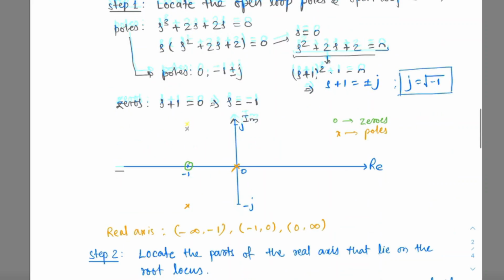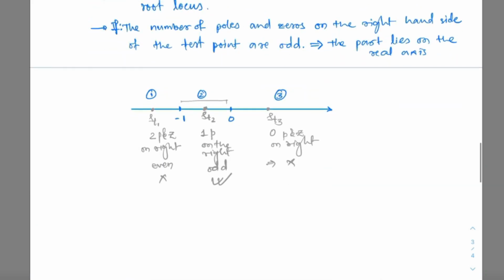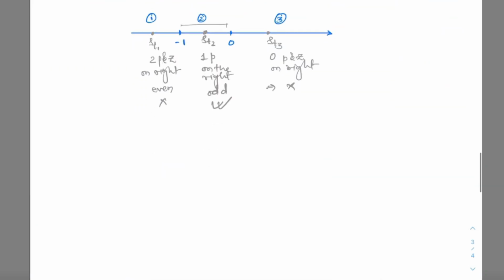Now let us move on to the next step, that is step 3. Step 3 talks about the asymptotes.